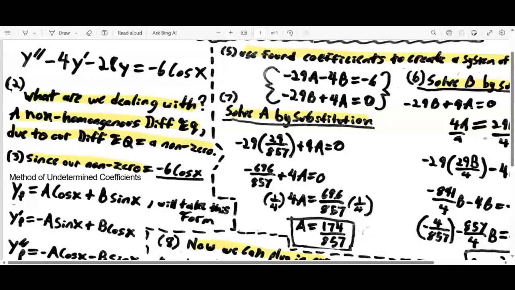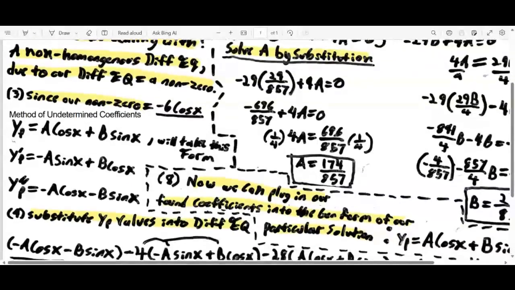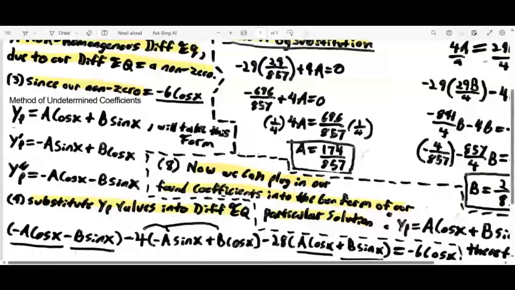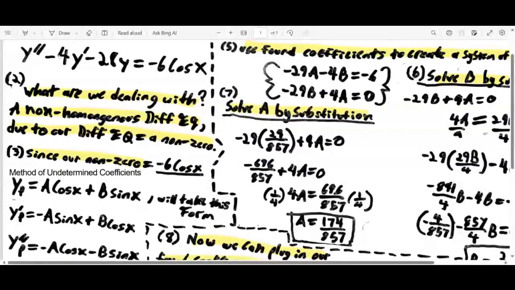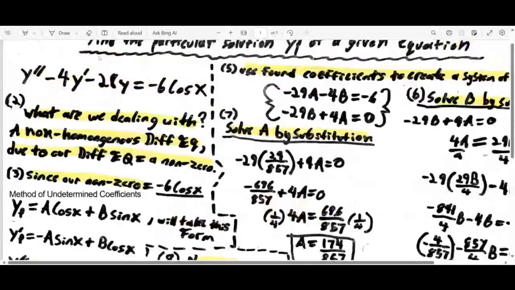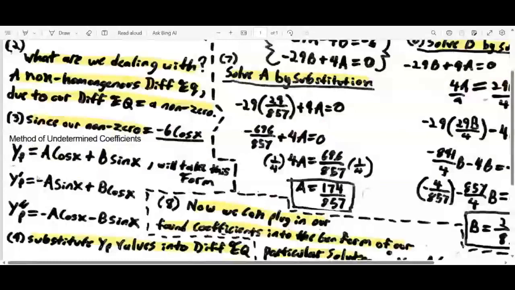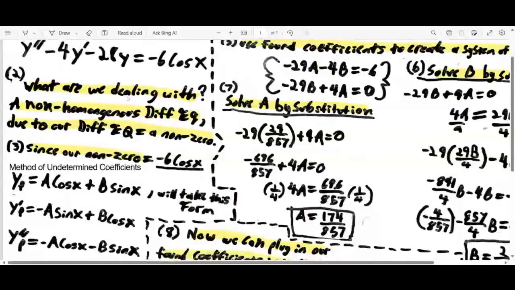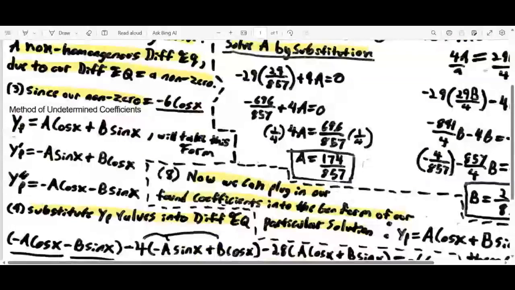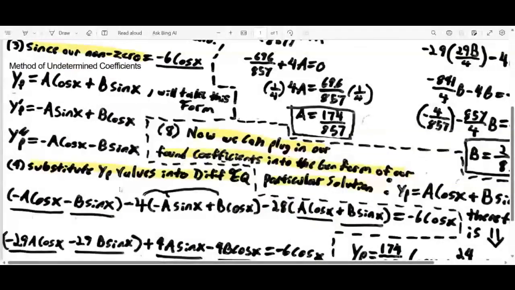In doing so, we're going to be able to substitute our yp values that we derived into the differential equation that we have above right here. The yp double prime corresponds to y double prime, and so on. And so we're going to substitute in our values, and then use the distributive property.